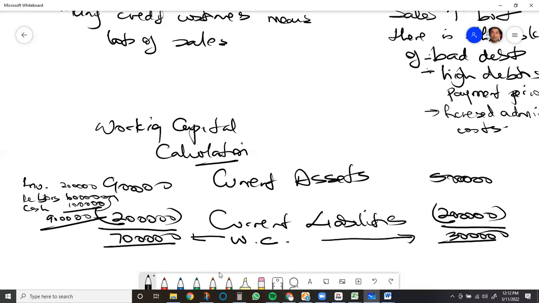If you were to look at this one here, current assets, on the other hand, same business, but probably it has decided to adopt a different working capital management strategy. And let me just shift it across here a bit.